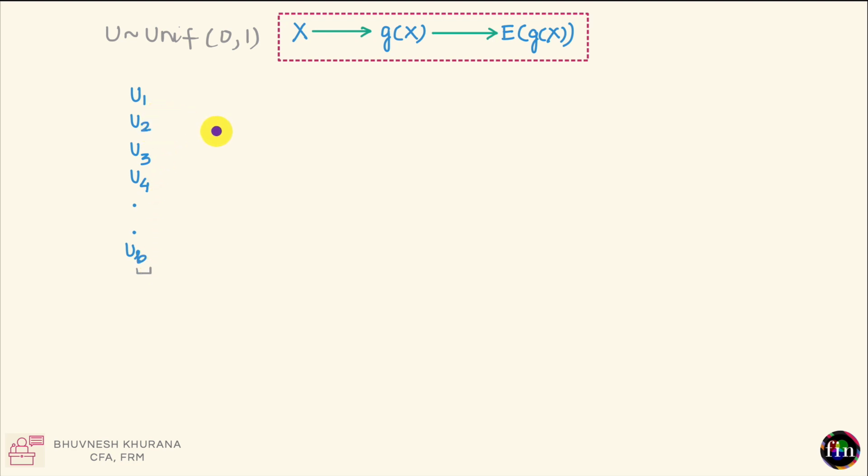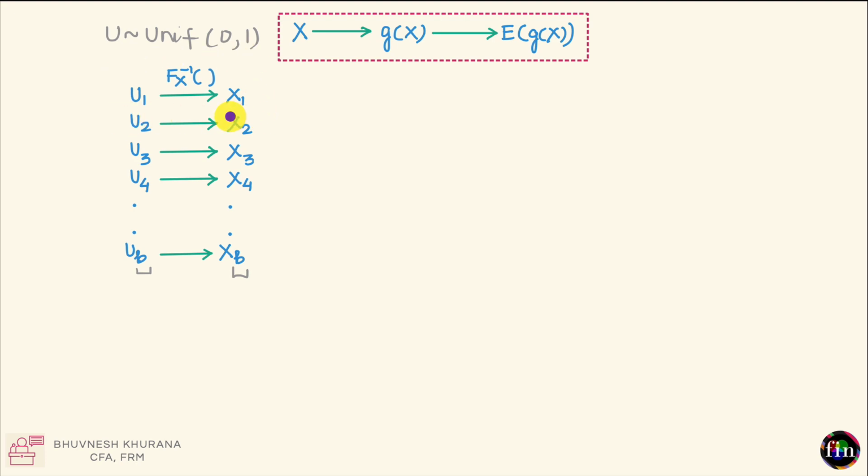As a next step, we would individually pass each of these replicated values of u through the inverse CDF, the inverse cumulative distribution function, for our random variable x. This will give us these many simulated values for x.